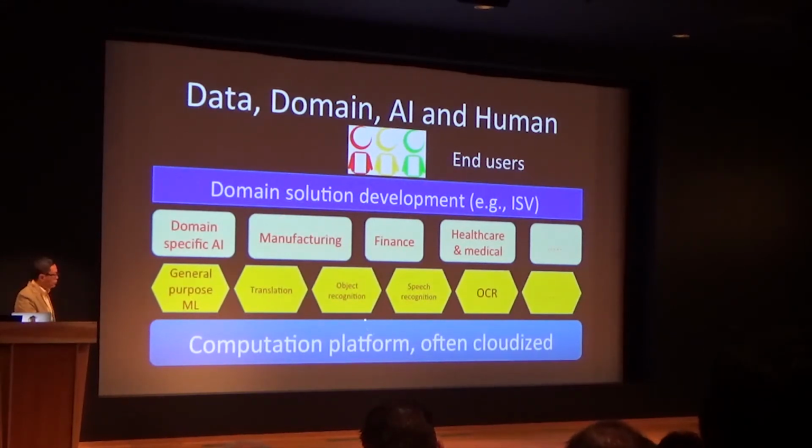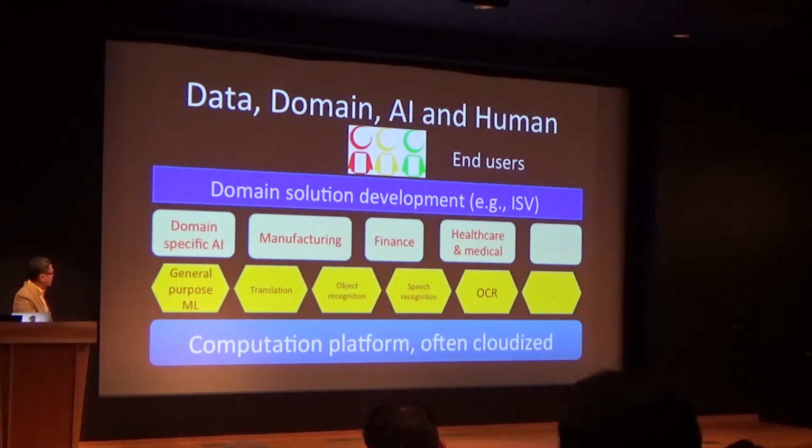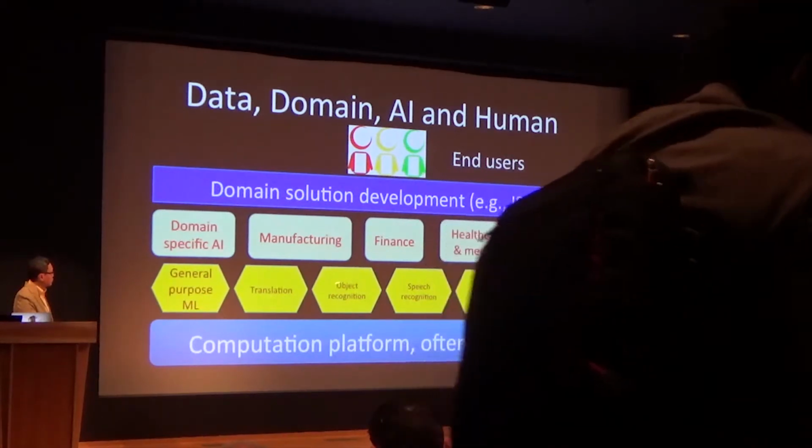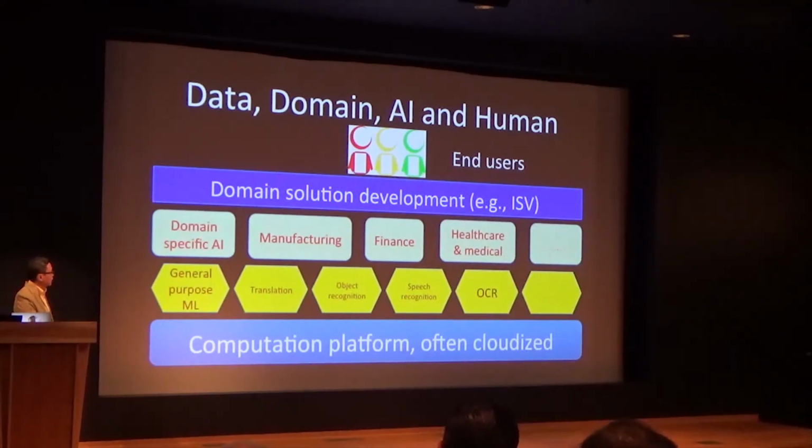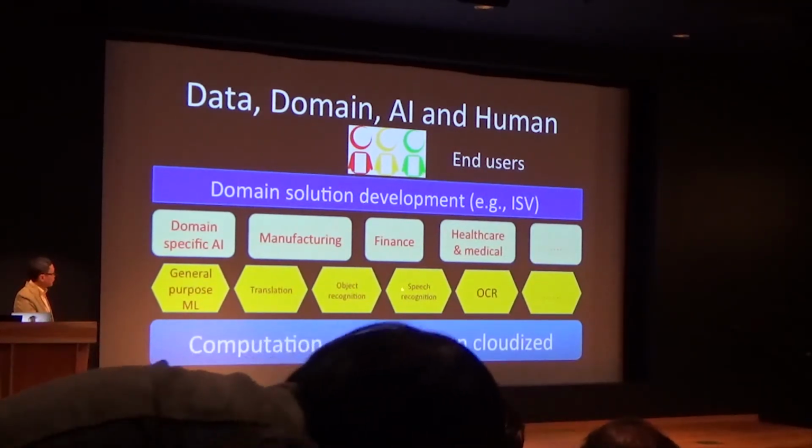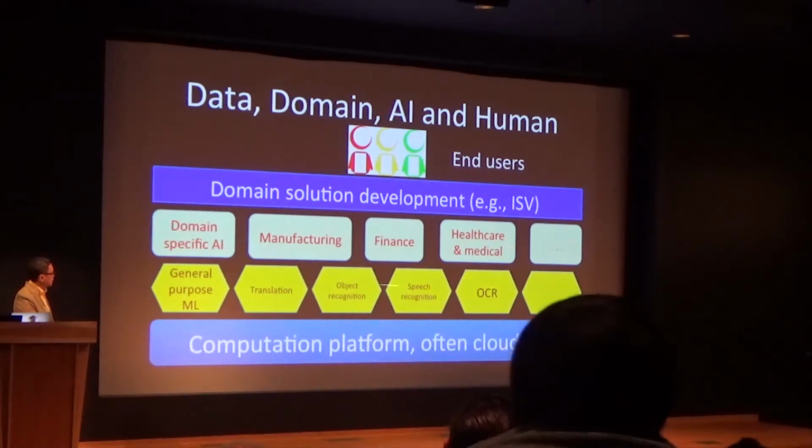So this will include all kinds of hardware support, like the general purpose CPU-based servers, the GPU, FPGA server platform here. And on top of that, we will have the general purpose machine learning modules such as translation, object recognition, natural language processing, speech recognition, OCR, and so on.